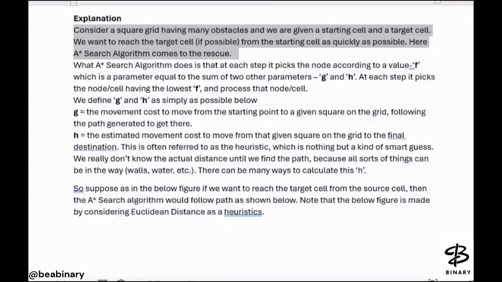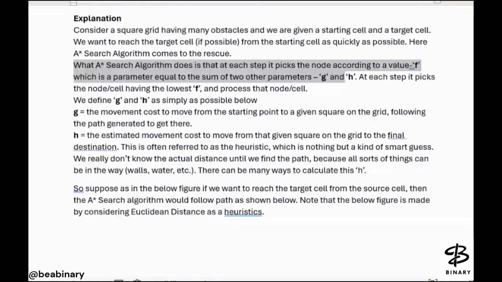So our task is to find the shortest path from the starting cell to the goal cell. At each step, the A* algorithm picks the node according to the function f, which is the sum of the two parameters g and h, and it picks the cell having the lowest f.